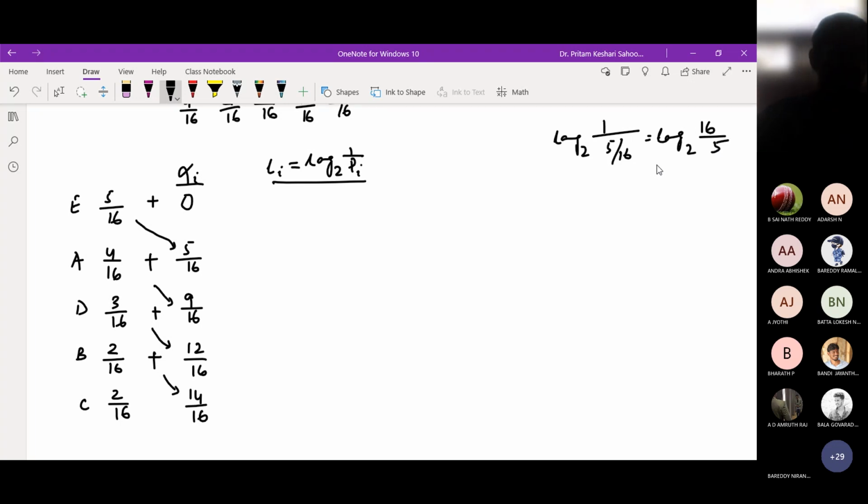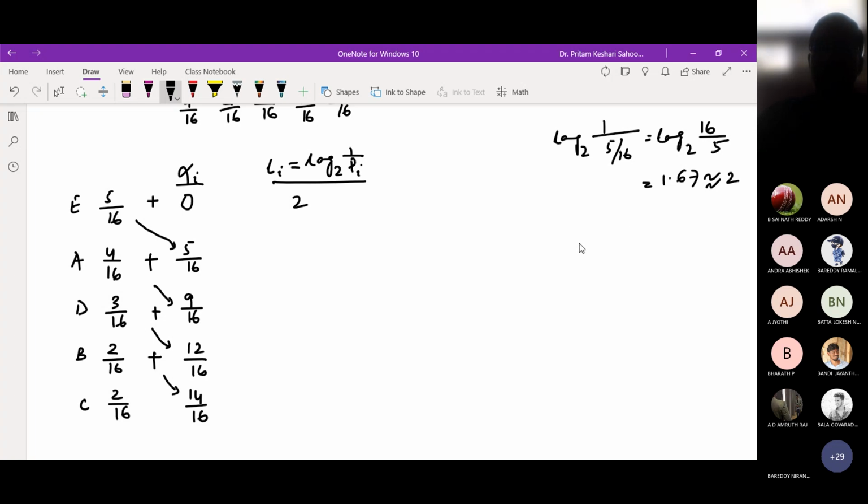If you calculate this, you will get the value 1.67. So 1.67 itself is a decimal value, which we approximate to the next integer value, that is 2. So this one will be 2. Okay, so we are taking the probability, we are not taking alpha.